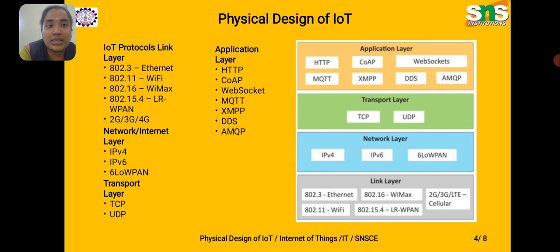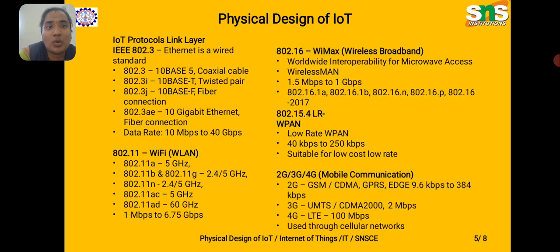It consists of 6LoWPAN. The link layer consists of 802.3, which is Ethernet, 802.11, which is Wi-Fi, 802.16, which is WiMAX, and 802.15.4, which is LR-WPAN, along with 2G, 3G and 4G. In the network or internet layer, IPv4, IPv6 and 6LoWPAN; in the transport layer, TCP and UDP; and in the application layer, HTTP, CoAP, WebSocket, MQTT, XMPP, DDS and AMQP are used worldwide.